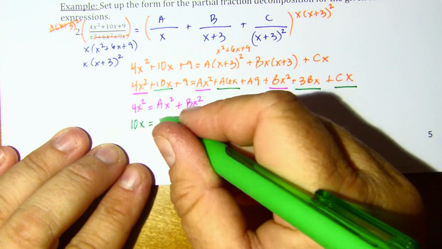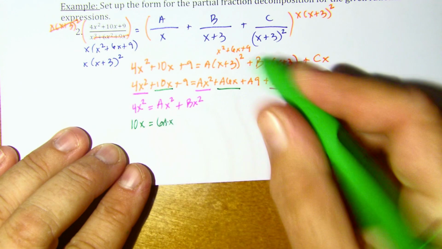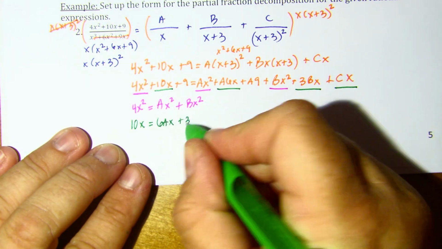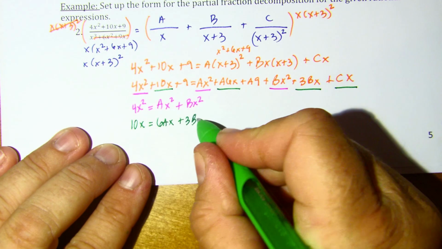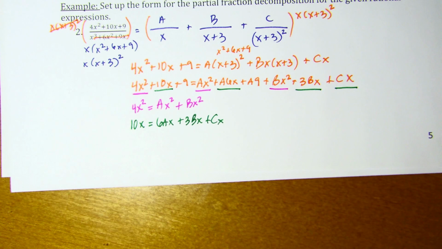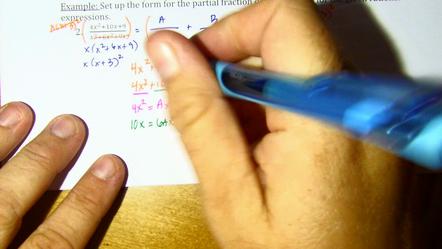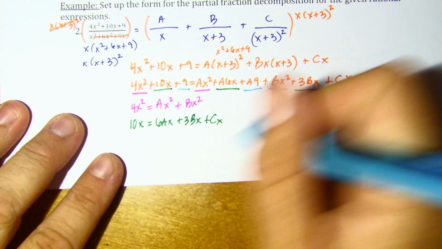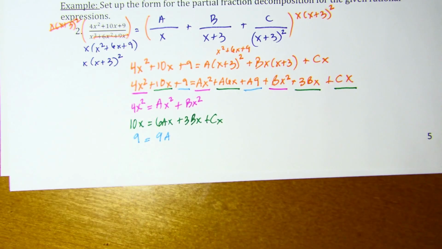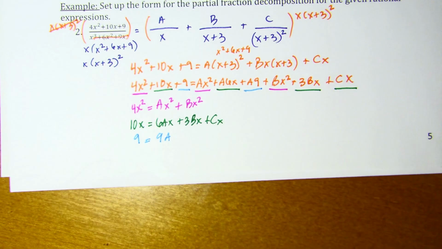So I'm going to write 6ax, which is the same thing as a6x, plus 3bx plus cx. And then the last one, 9 equals 9a. So the easiest thing for us to solve here is a.